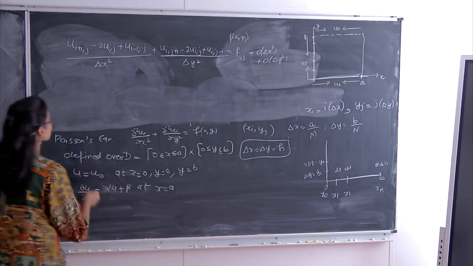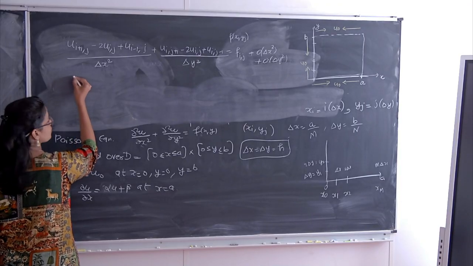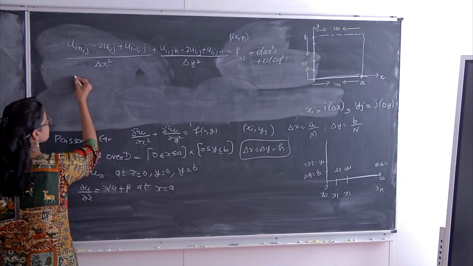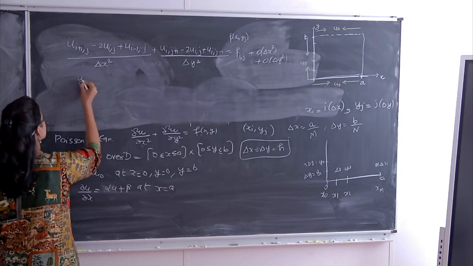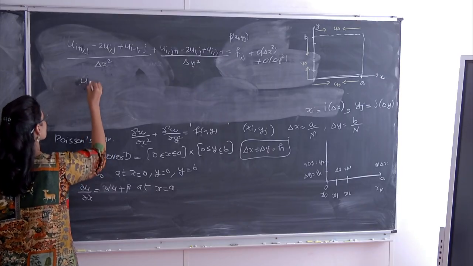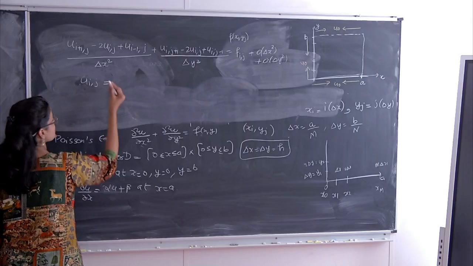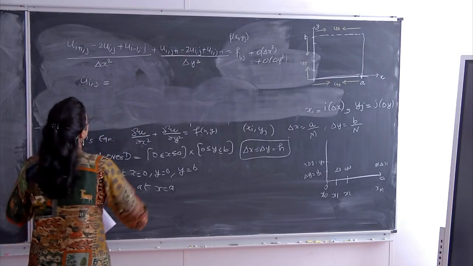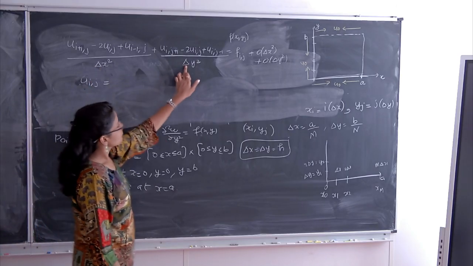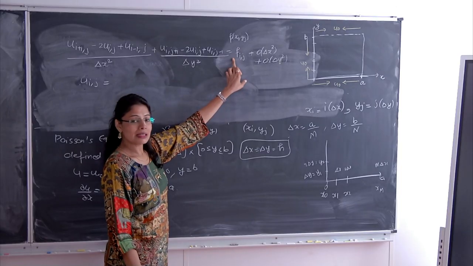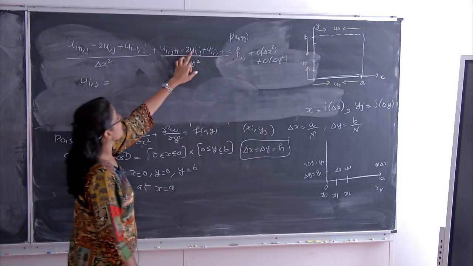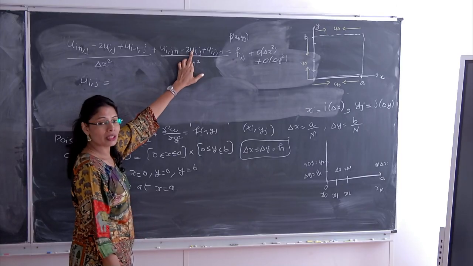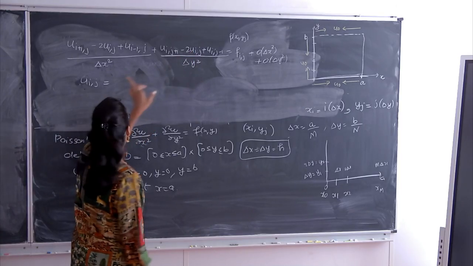Further, how can I write this? Directly I will write the scheme and check whether it is fine. u_{ij} equals, both terms going to the other side, h square f_{ij}. This is 4 times u_{ij}, which I take to the other side and then divide by 4.